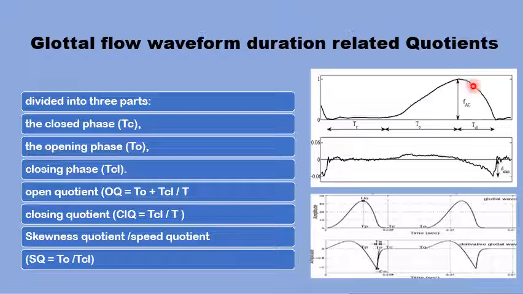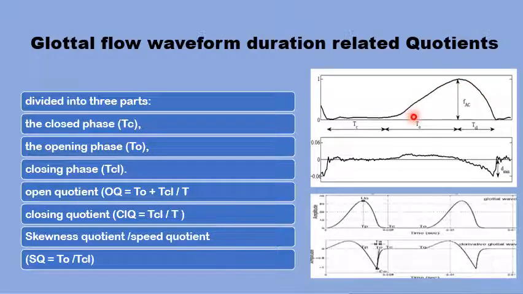This would refer to the degree of the skewness of the curve, usually to the right. You would have a slower ascent than a more abrupt descent of the flow, and this skewness here can have clinical implications.